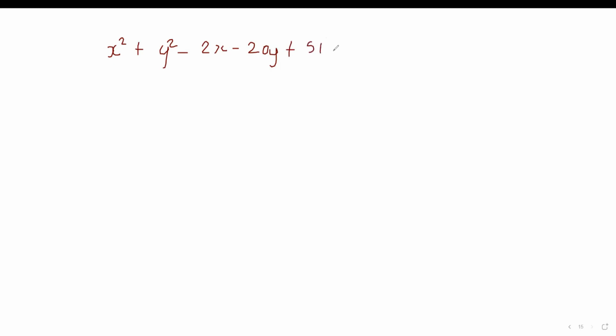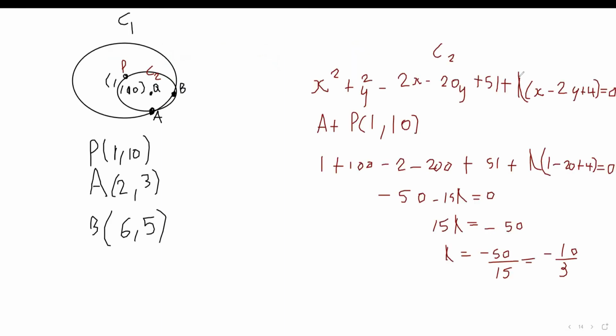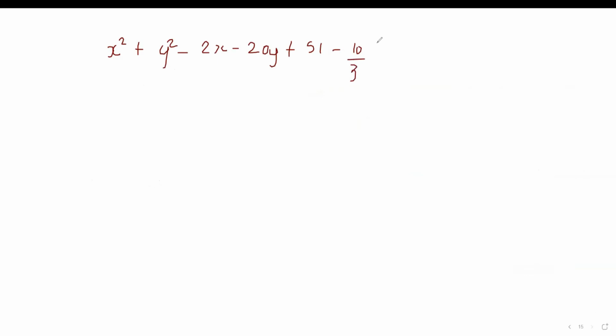Then it said minus lambda, so it's now minus minus 10 over 3, because that is now lambda. Marika, we replace lambda with minus 10 over 3. So that's plus 10 over 3 times, in bracket, x minus 2y plus 4.